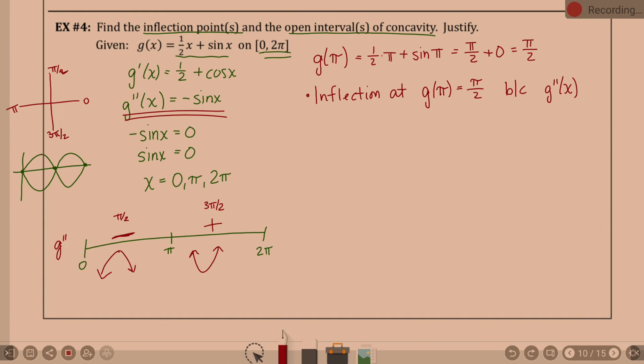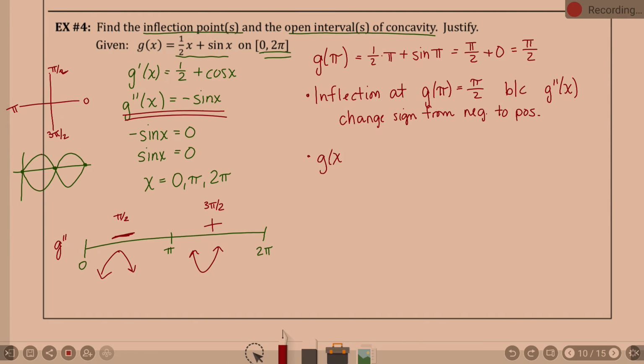You could just say changes sign, probably, because it's not going to matter which way. Then it asked us for open intervals of concavity.